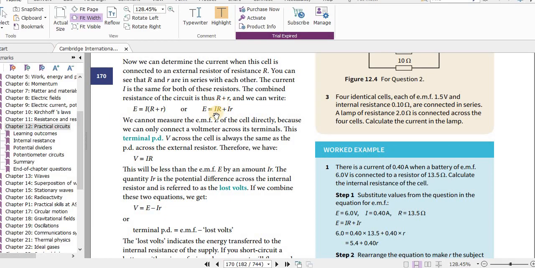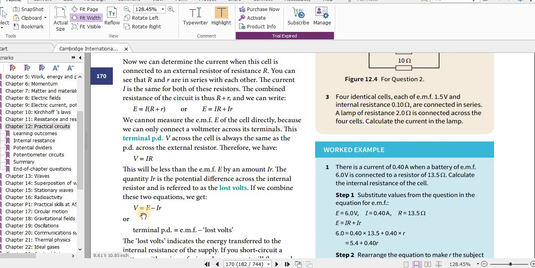We can replace the I times capital R with capital V. Okay, so we have that, and we can write the V there, rearrange the equation, then you will get this. So E equals V plus Ir. Move the Ir to this side, then you get E minus Ir equals capital V. That is what we have here.